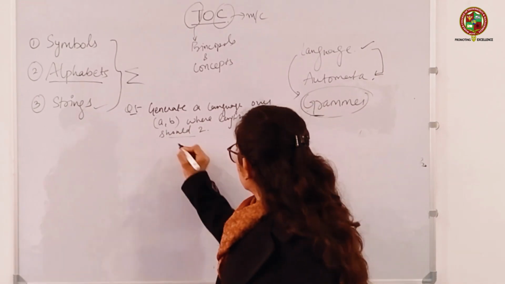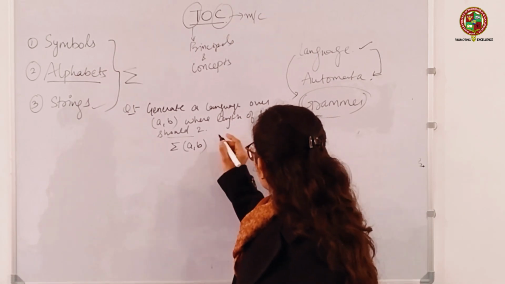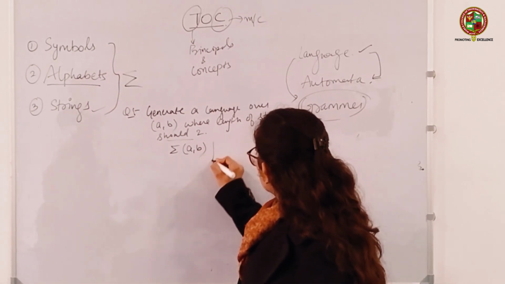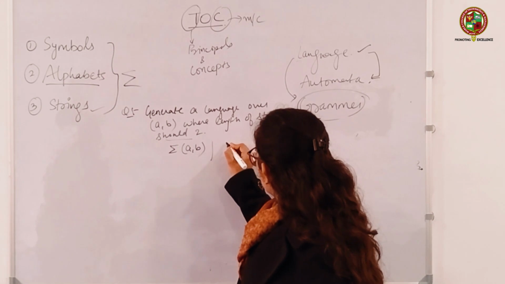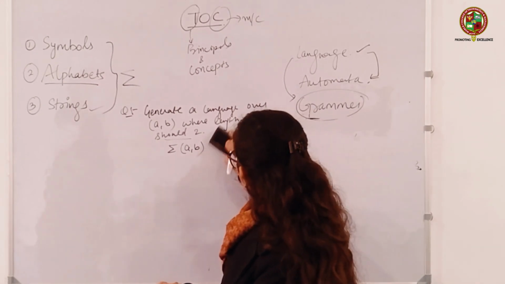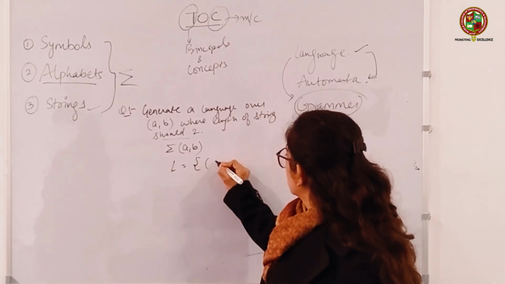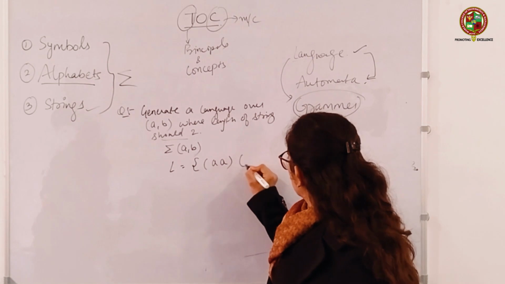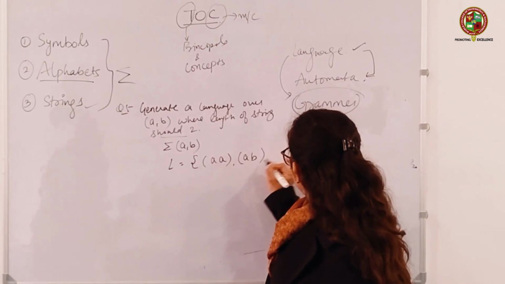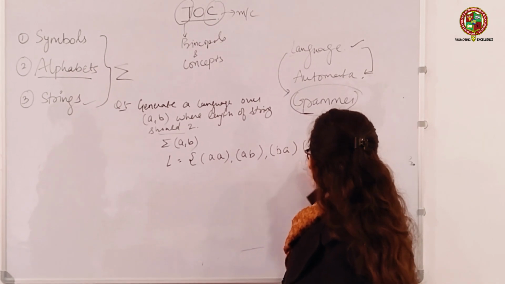So how can we write it? What are the set of strings that we can generate from it? L is equal to the set of strings AA, AB, BA and BB.